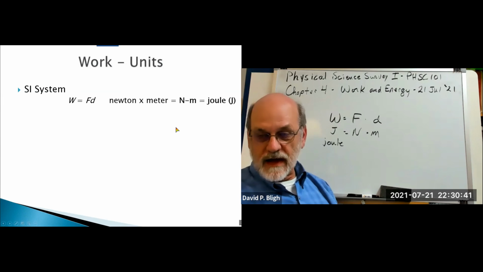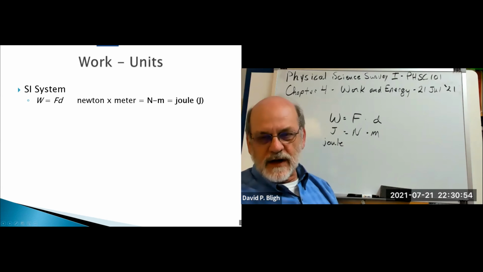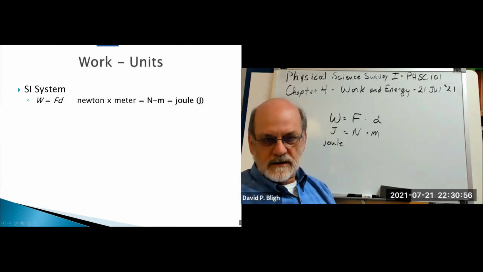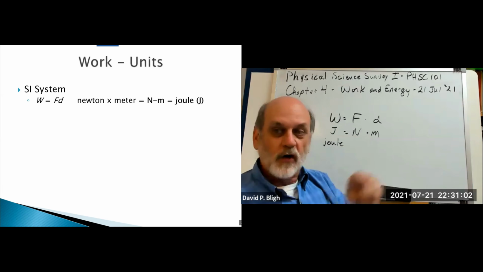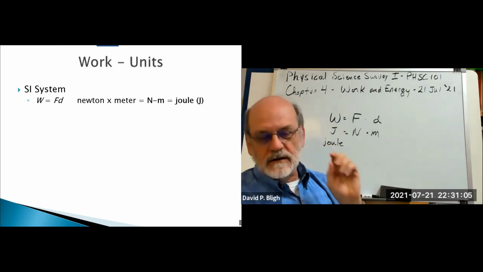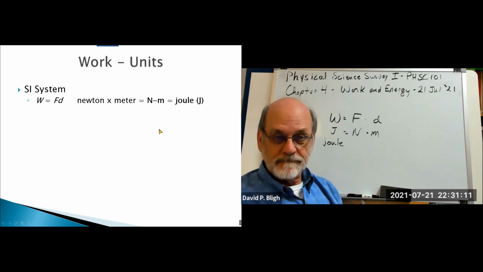Okay, so here we have a discussion of the units of measure. A Newton times a meter equals a Newton meter, and a Newton meter now is called a joule. So work is given the new unit, joule, and it's named after a French polymath who did work on work, and is given credit by naming a unit of measure after him.